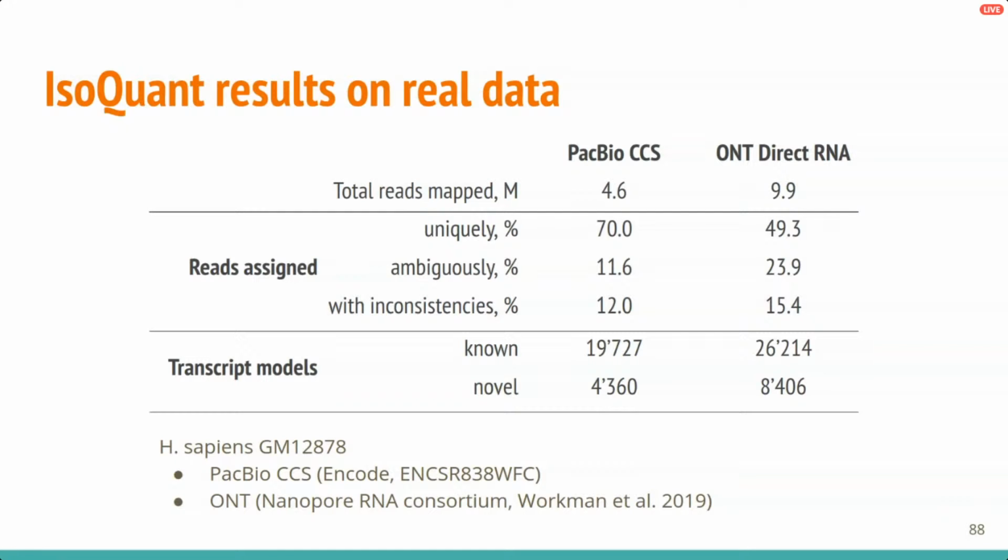Since you have more inconsistencies in your matching, you also find more novel transcripts. Of course, some of them may not be true novel transcripts, but some kind of artifacts that we missed. But in any case, for PacBio data, you have a few of them.